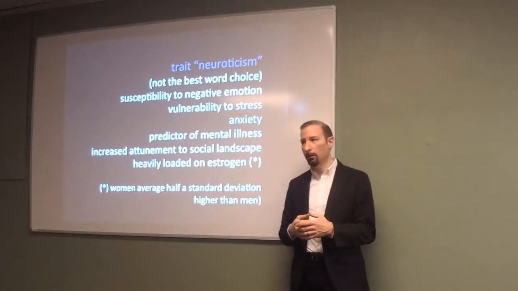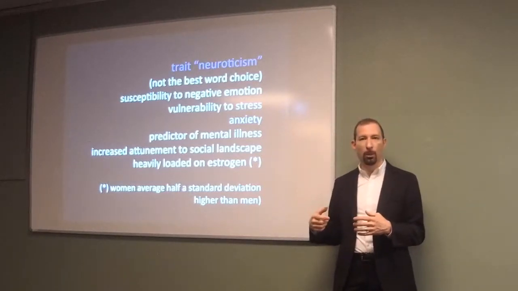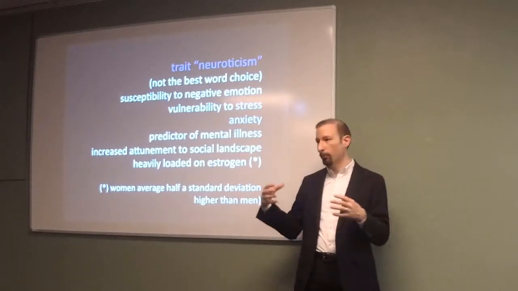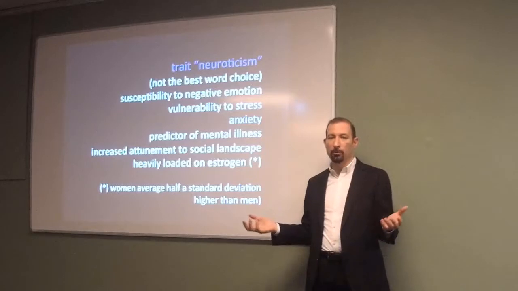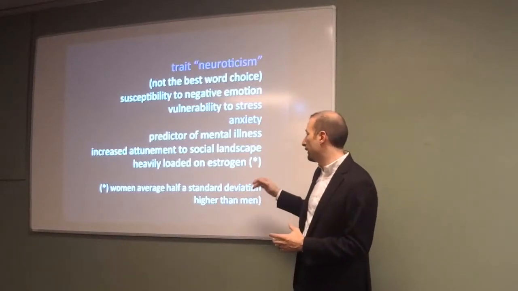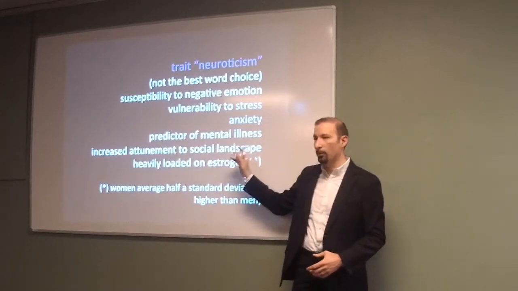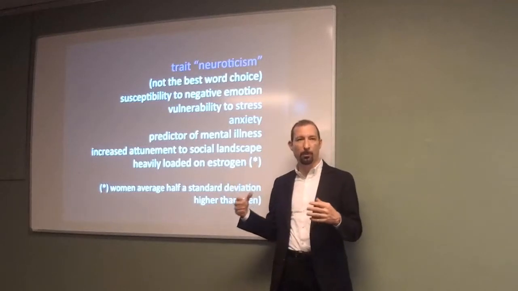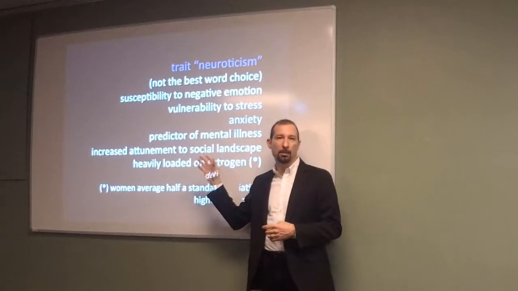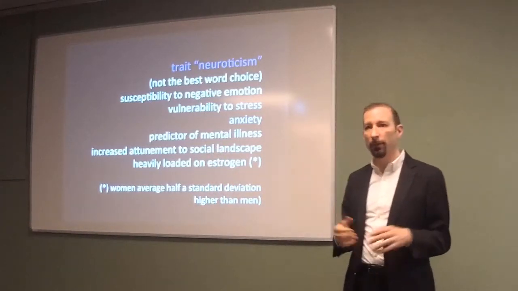In evolutionary history, women were more vulnerable because they were carrying a baby or pregnant for a significant portion of their life, and human babies are extremely vulnerable. Because of that, the estrogen upregulates the systems that attune you to the social landscape, which is critically important because we're a social primate, and to danger in the world in general. It makes you more realistic and less optimistic. So that's the supposed theory behind it.